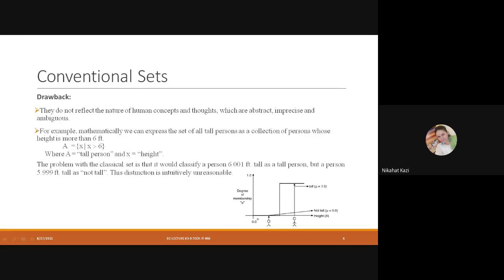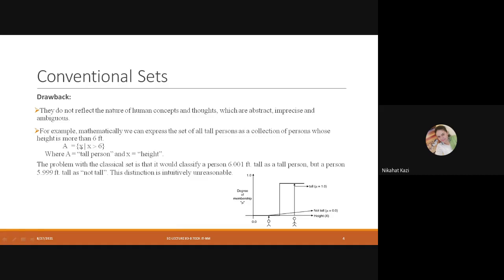If you look at this particular figure, this represents a classical set. We are trying to model a set that represents the height of a person, specifically the height of tall people.